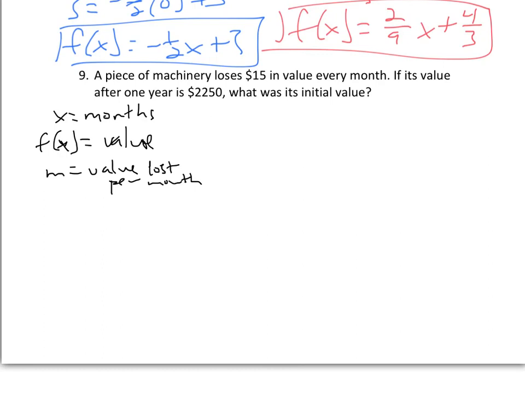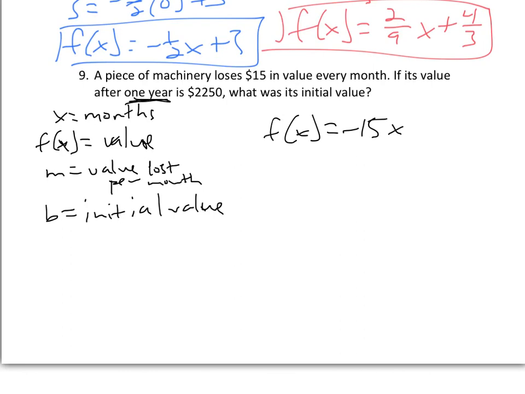And our b is going to be the initial value. Okay, so we have a whole lot of stuff. Because we have, after 1 year, remember that tells us 12 months. Okay, so we've got f of x equals you losing $15 per month plus the initial value.